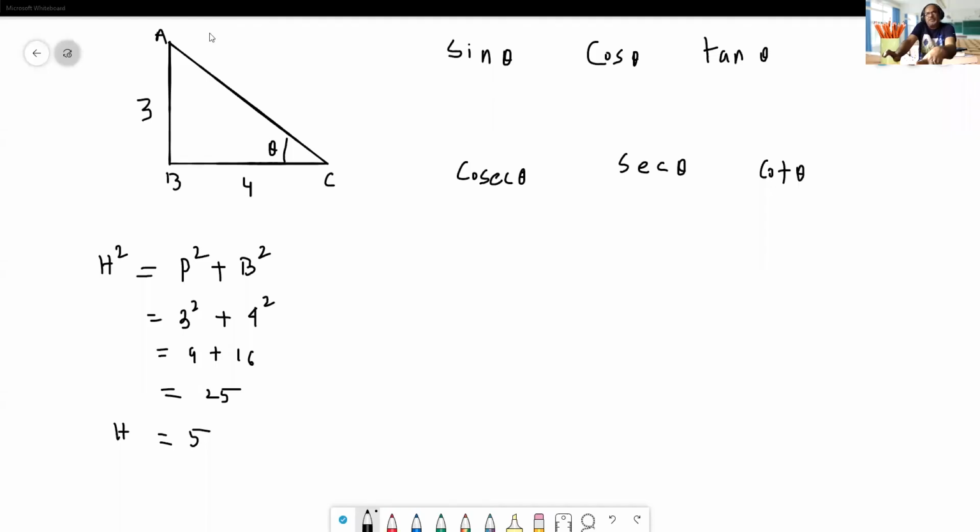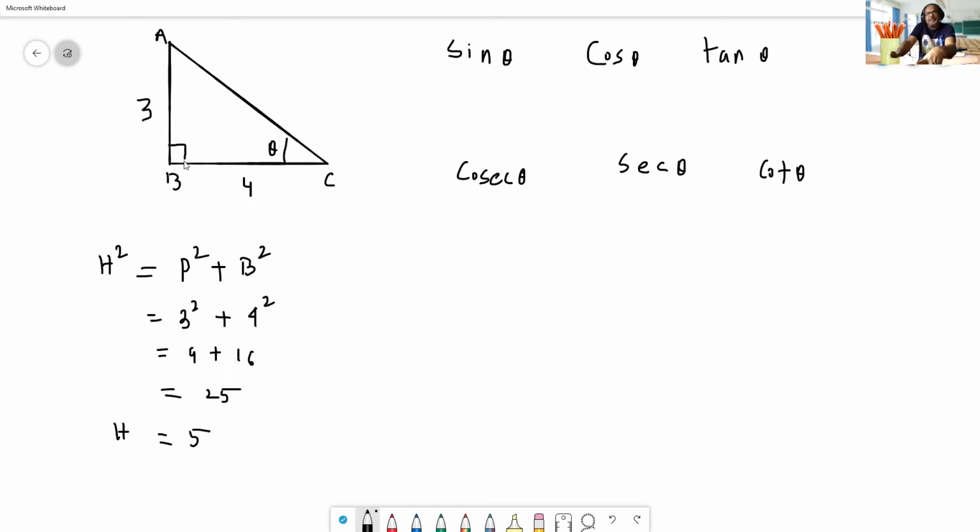Now see, this is a right angle triangle ABC, and this is the angle 90 degree to make it a right angle triangle. Now there is an acute angle theta. Now this theta is the angle whose opposite side is taken as 3 and the adjacent side is taken as 4.